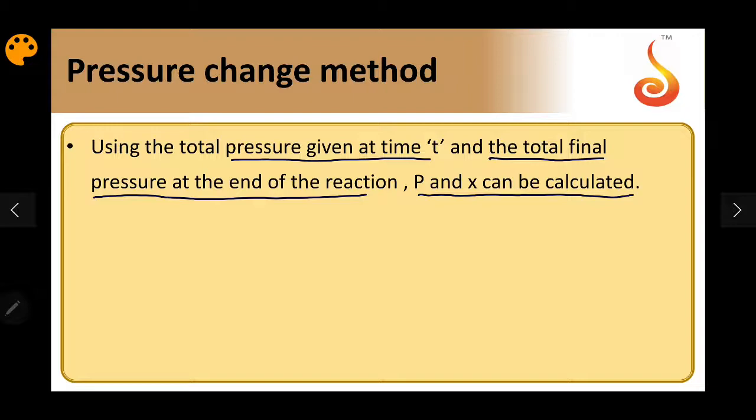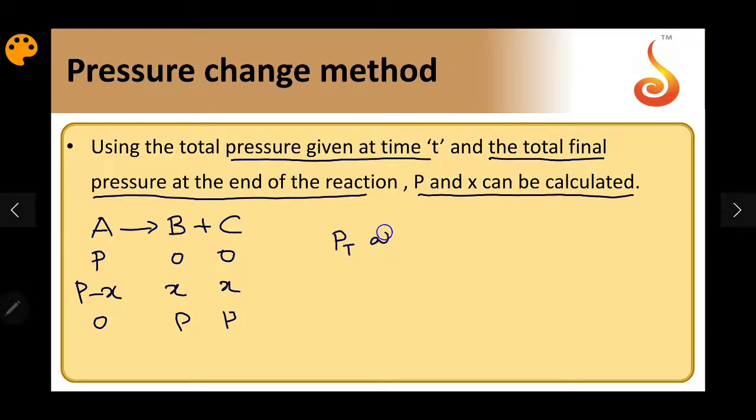Suppose I take the same example, A giving rise to B plus C. We had here P, 0, 0, then P minus x, x and x, and 0, P, P. Let us say the total pressure at t equals infinity is some m. So this is nothing but 2P. So 2P is equal to m, and then I can get the P value as m by 2.